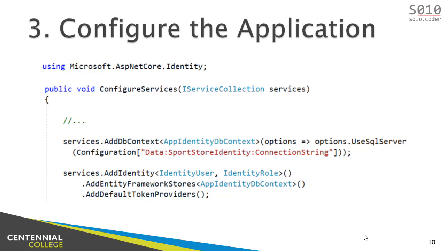So with this, I'm making available the identity user, which is the class that you're going to be using to access user information. Like what? Give me one user information. ID. What else? The name of the user, the password of the user. Well, password is a little bit trickier. We do that in a slightly different way.